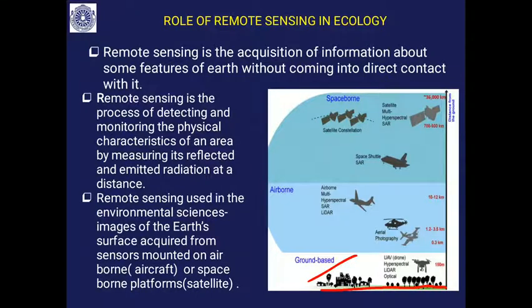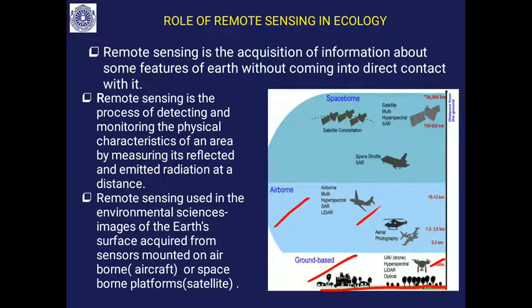There may be a ground based platform where drones are used, or some equipment like lidar, a laser data acquisition system. Or else airborne, that is in a helicopter or aeroplane, where the sensors are mounted, and that is how we acquire information, through sensors fitted in the aeroplane.